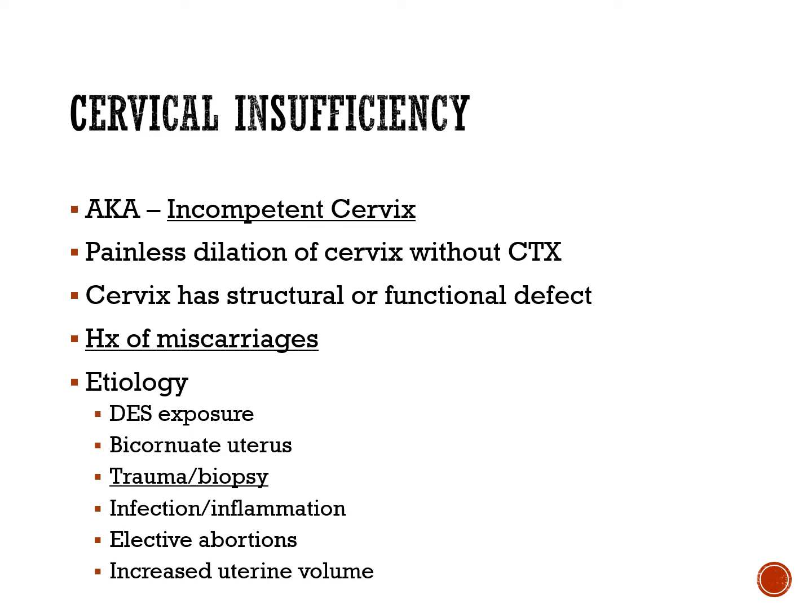Maybe they have an infection or inflammation related to an STI. A history of elective abortions, because of the trauma that it causes to the cervix itself. Increased uterine volume, so maybe more than one baby, or even uterine fibroids, can cause that cervix to dilate sooner than later because you've got those fibroids taking up more room in the uterus.